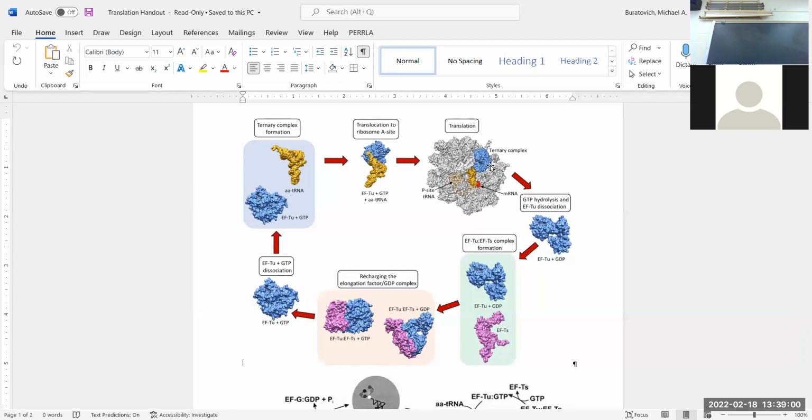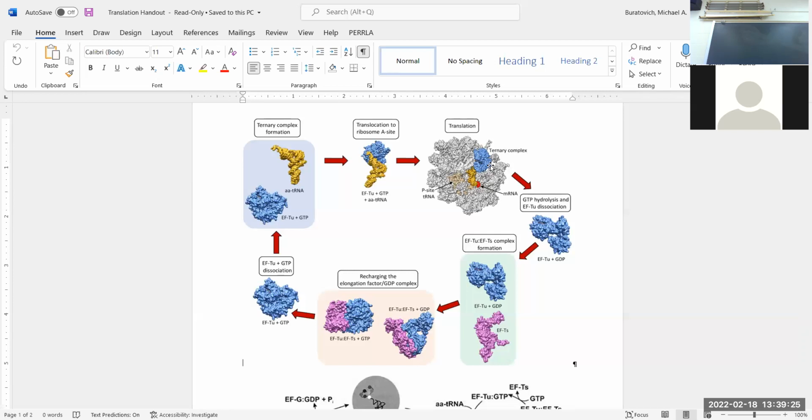Now EF-Tu is ready to bind to another charged tRNA. The GDP bound version of EF-Tu cannot bind to charged tRNAs. The GTP bound version of it can. Only by undergoing this exchange of a GDP for a GTP can the EF-Tu be able to bind another charged tRNA.